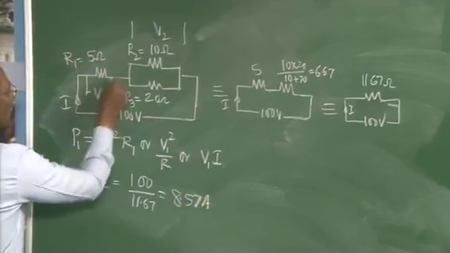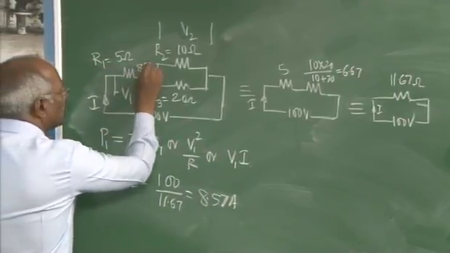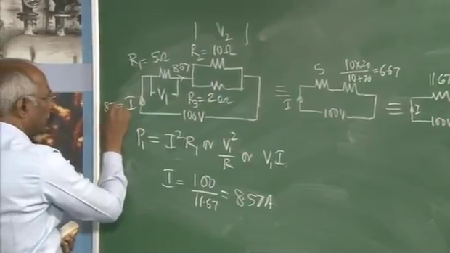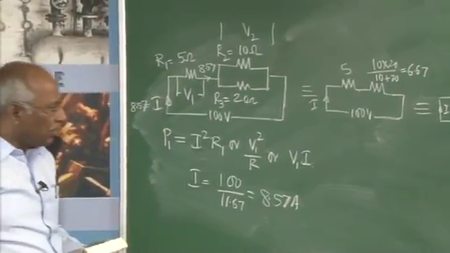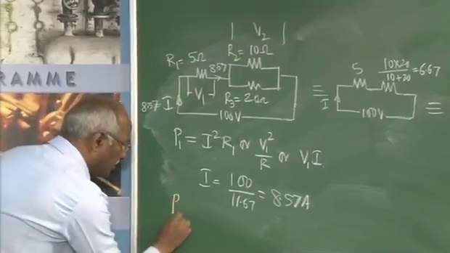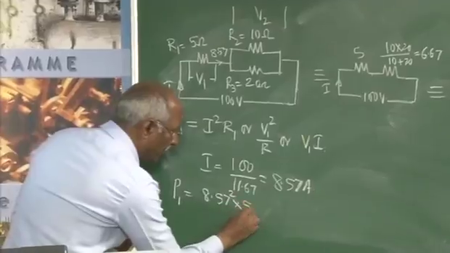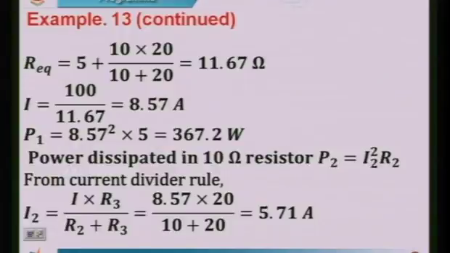That means the current flowing is 8.57 ampere. Here also the same thing. Therefore, P1 is equal to 8.57 square into 5 ohm, which will give you a value of 367.2 watts.